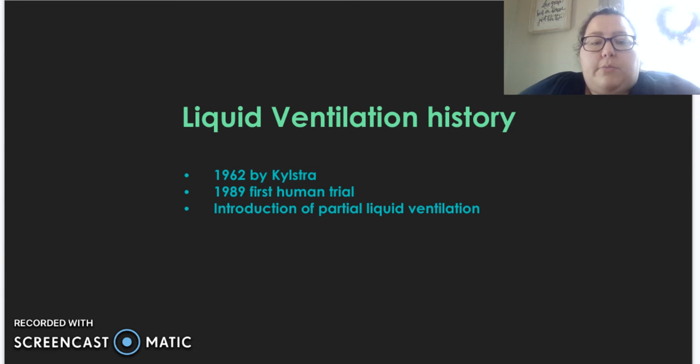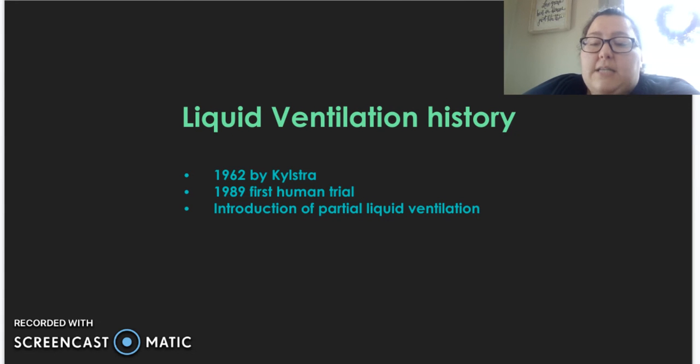Next came the first human trial, which was on a 28-week gestational age baby. Conventional ventilation was failing, so Greenspan and colleagues interrupted it to allow 2 to 3 minute periods of total liquid ventilation, separated by 15 minutes. This trial was done on 3 babies, and the lung compliance improved in all 3.